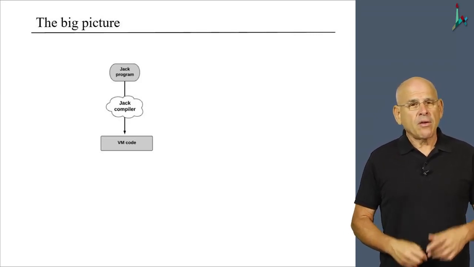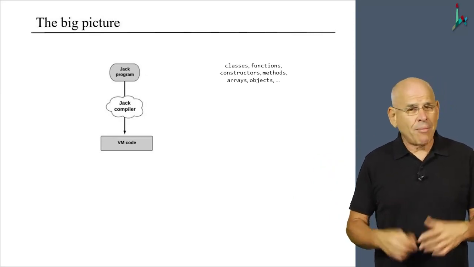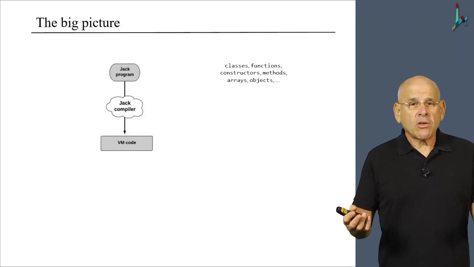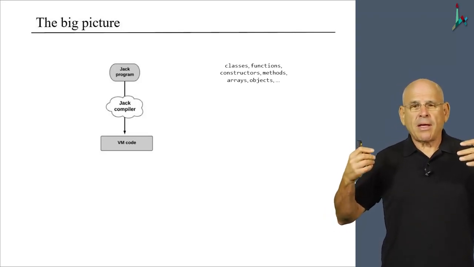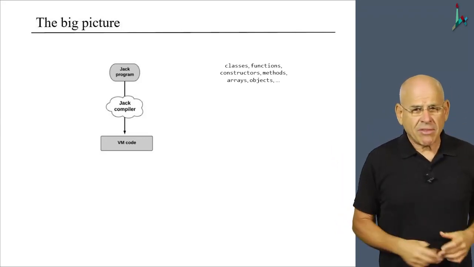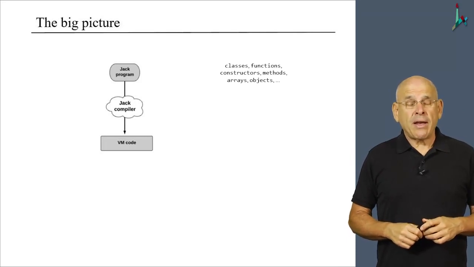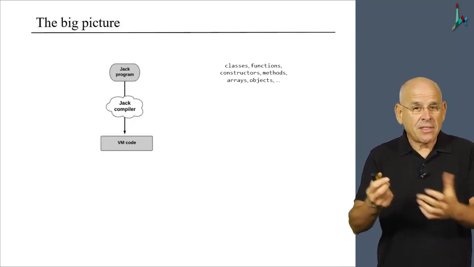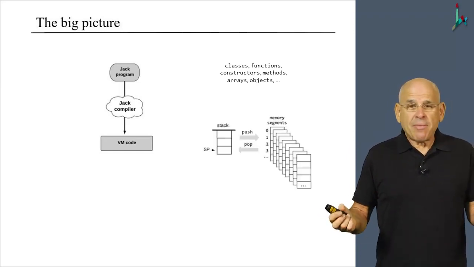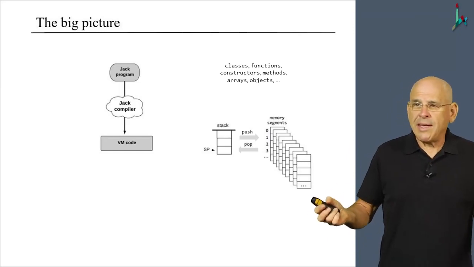Now, think about it. When you write a Jack program or a Java program or a C++ program, it doesn't matter. In any one of these programs, you create all sorts of, let's call them entities, things like classes, functions, constructors, methods, and so on. And yet, when you have to translate these things into the VM level, you end up with something that looks completely different, right? At the VM level, we don't know what an object is.